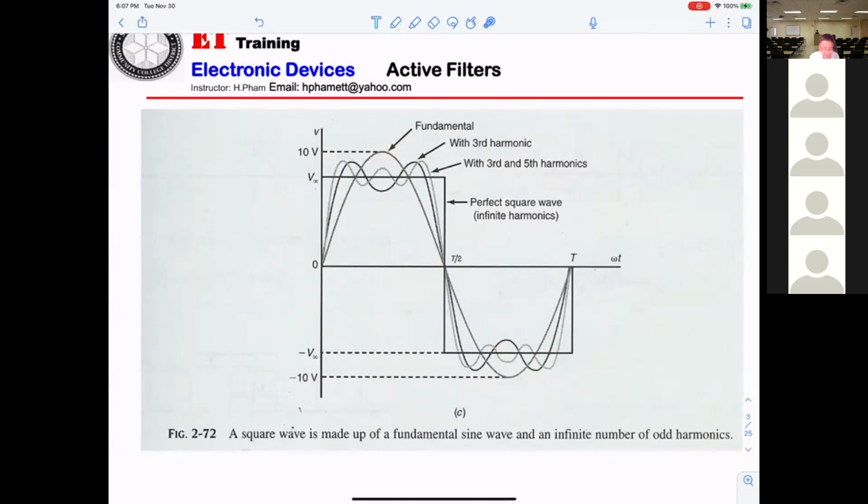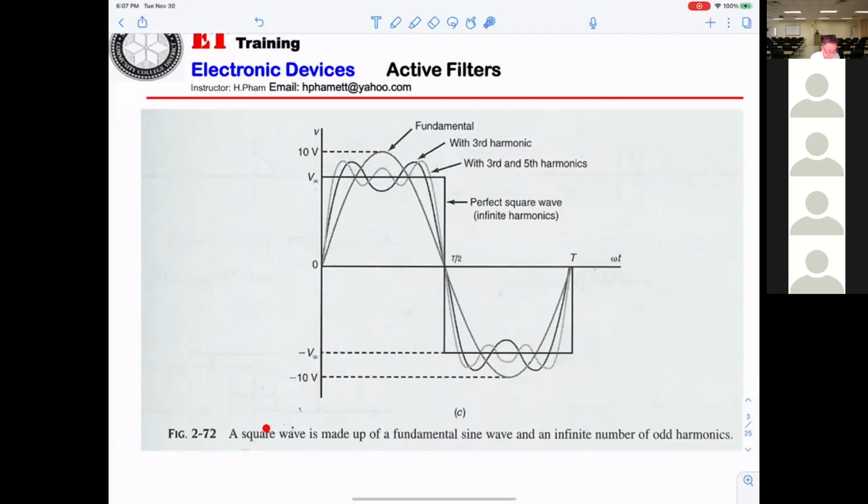And the second harmonic will be 2 kilohertz. Third harmonic will be 3. Okay, and normally they use the odd harmonics, not even. The more harmonics, the closer it turns out to be a square wave.